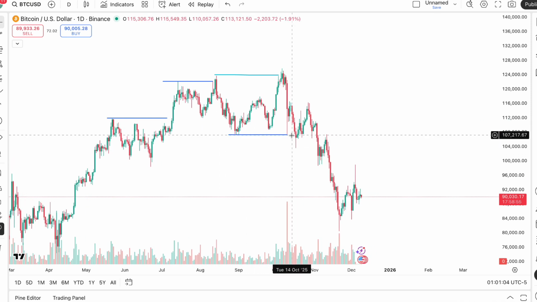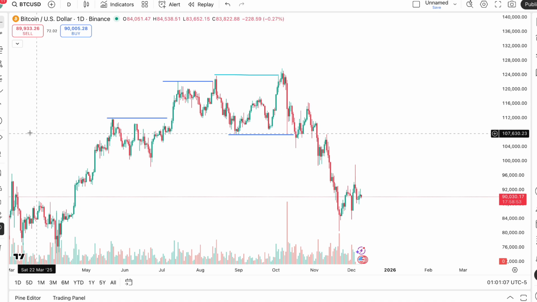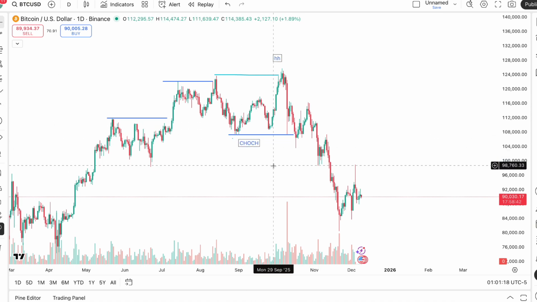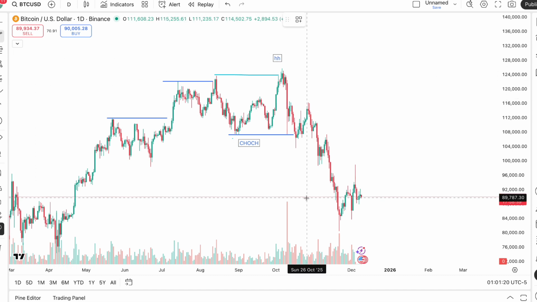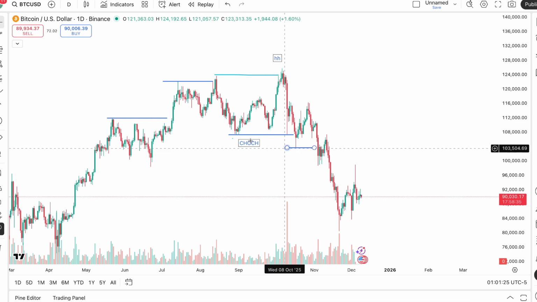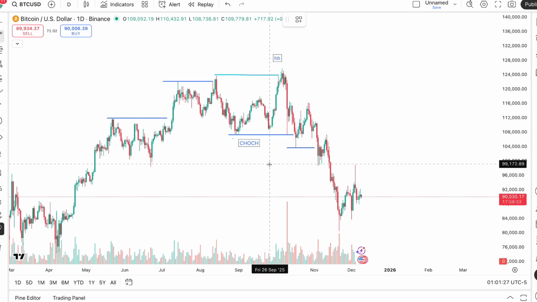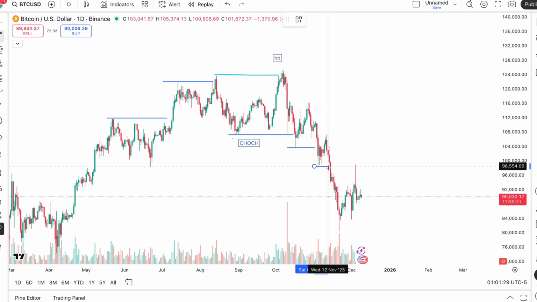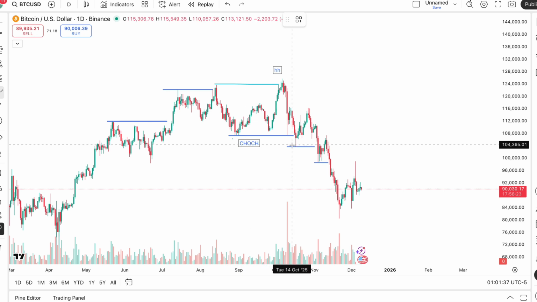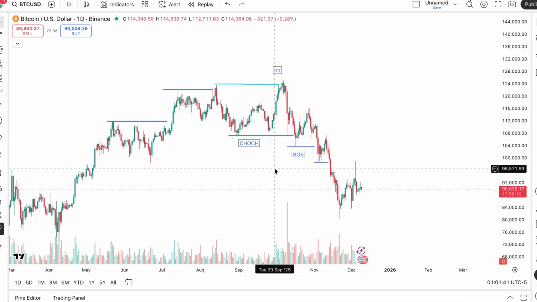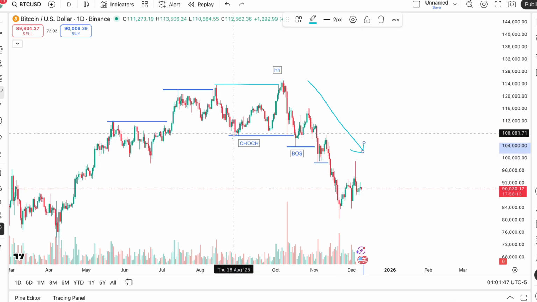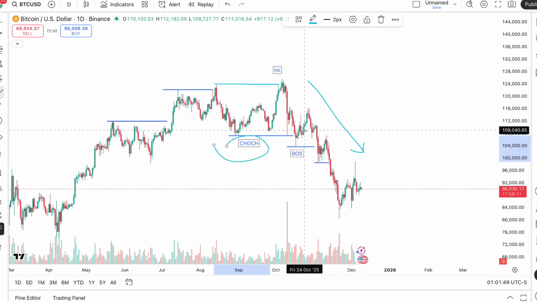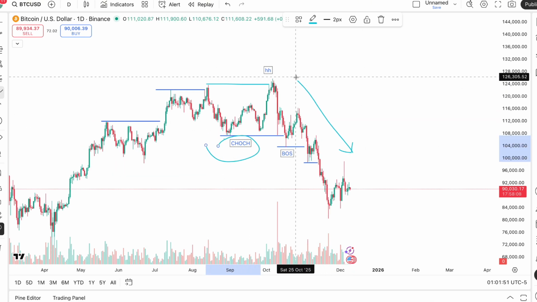And then look what happened when it made that CHoCH. You see the trend started to change. Putting in a lower low. Another lower low. So from that CHoCH, it then made a BOS, and that was the trend change. The moment it made that CHoCH, that was the signal that the trend was changing.